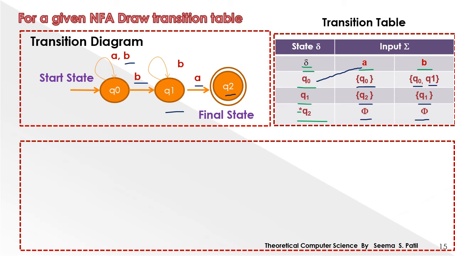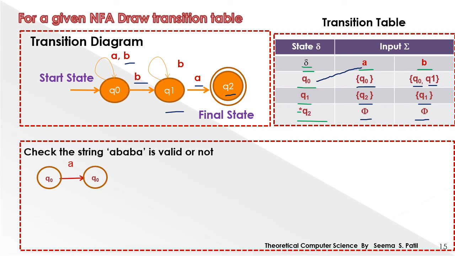Now the next question is to check whether the string ABABA is valid or not for the given transition diagram. You have to check it like this. For getting this A, from where you will get A? On itself, Q0 along with A goes to Q0.